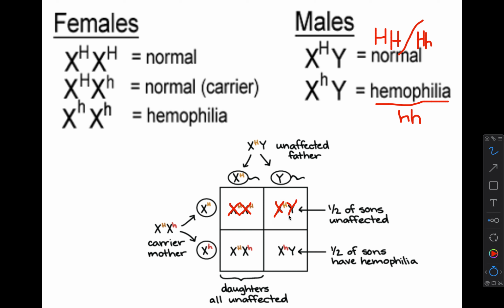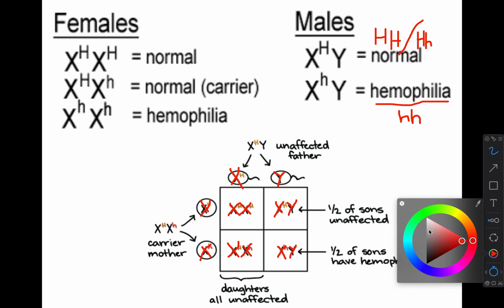The only way to do this is that 50% of the squares need to be XX, because there's a 50% chance it's going to be female, and 50% of the squares need to be XY, because you're starting with a male. There's a little sperm drawn in here, and a female with little eggs. So the very first thing you do in a sex-linked problem is fill in the X's and the Y's. The X's and the Y's are all filled in.